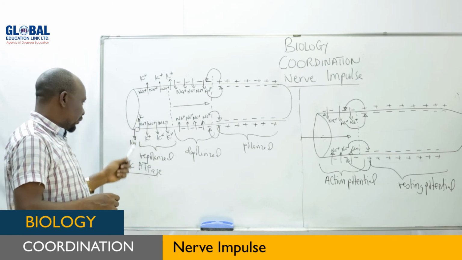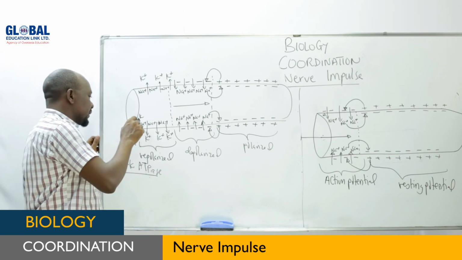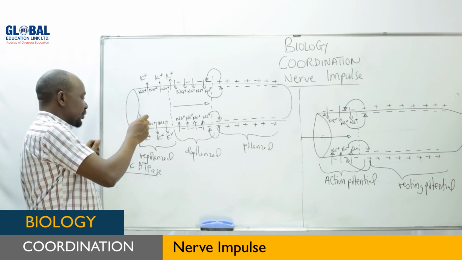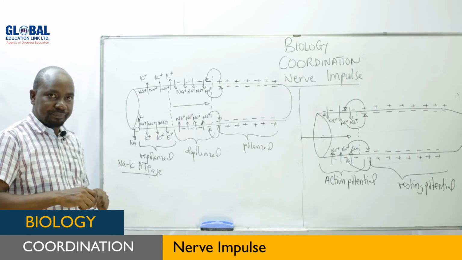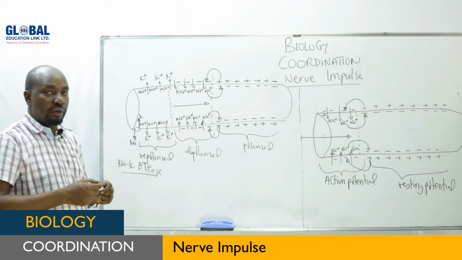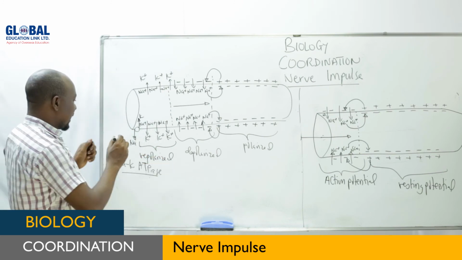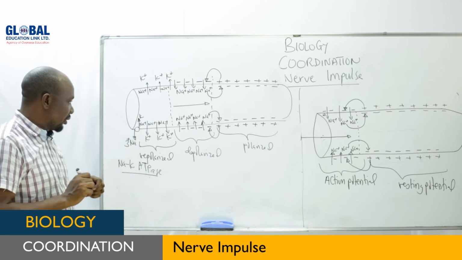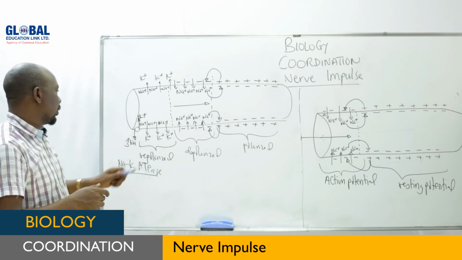The major function of this pump is to take the sodium ions outside and the potassium ions inside. And this happens in order to restore the normal charge distribution of the axon. So 3 sodium ions will be taken out and 2 potassium ions will be taken in.